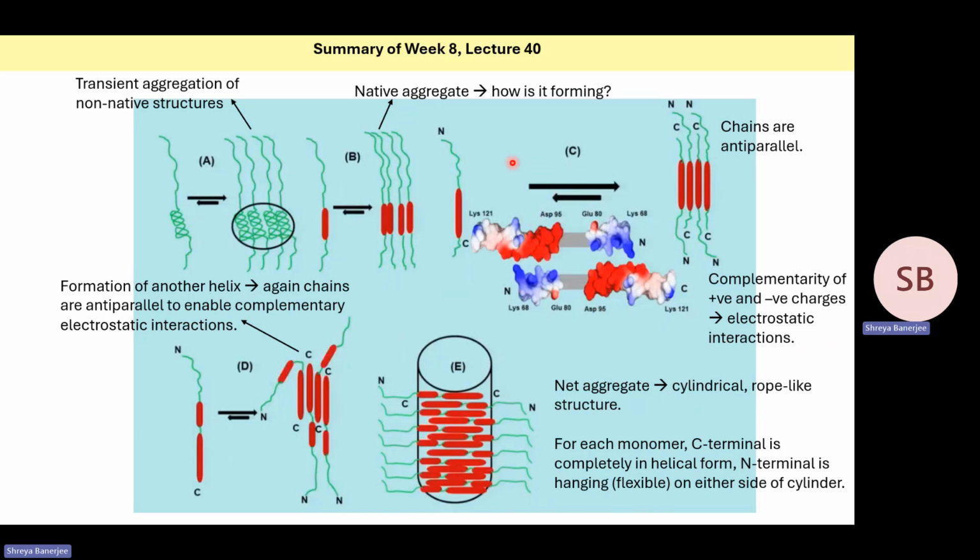And association can happen step by step till eventually, see, this is the net aggregate structure where you have a large cylindrical rope-like structure, and on either side of the cylindrical aggregate, there are certain flexible portions hanging out.